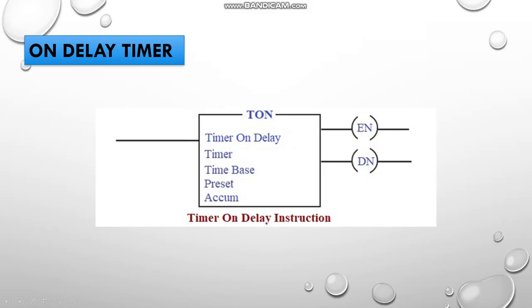During this process of the cycle, the enable bit will be energized. So when your input is energized, your timer starts running and the accumulator value starts counting from 0 to the preset value. Once the accumulator value and the preset value become equal, the done bit gets energized. So the task of the timer has been completed.